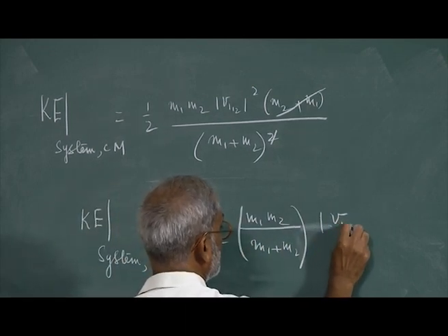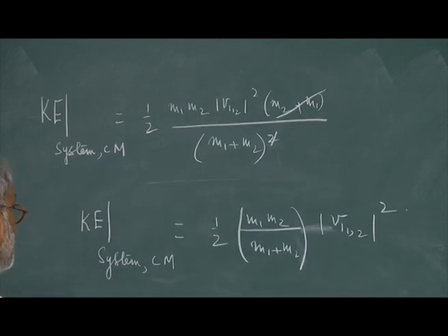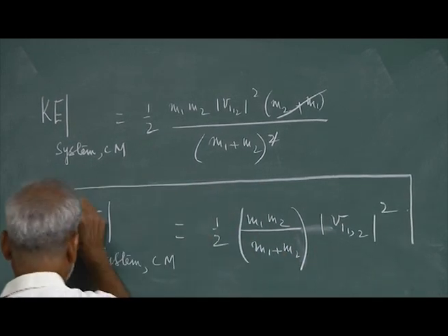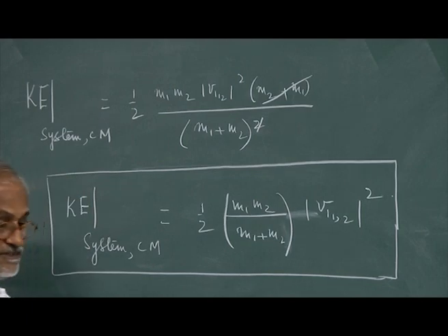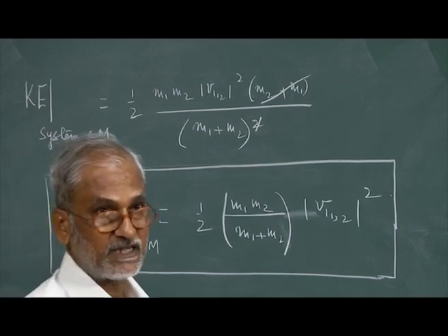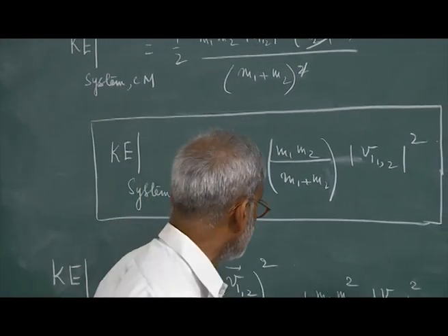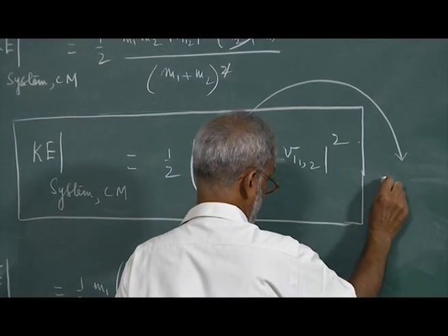times the relative velocity of one of them with respect to the other. This is a very important quantity. There is a very specific reason why I have chosen this particular illustration. You see that this particular quantity is what is known as reduced mass.